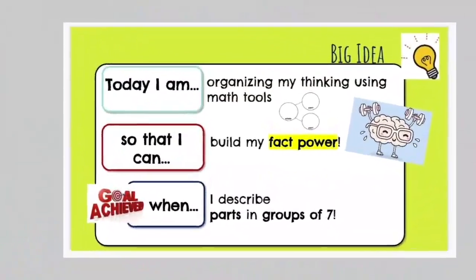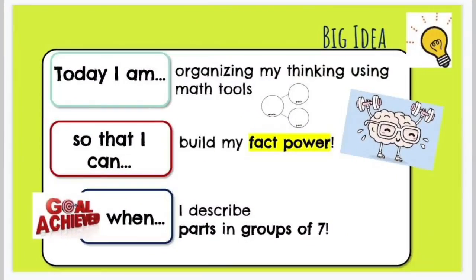So I hope that after this lesson, you are continuing to build on that fact power and practice the types of facts that we've already been working on and looking for those patterns, and that you continue in real life looking for these math skills that we've been practicing and these math facts.